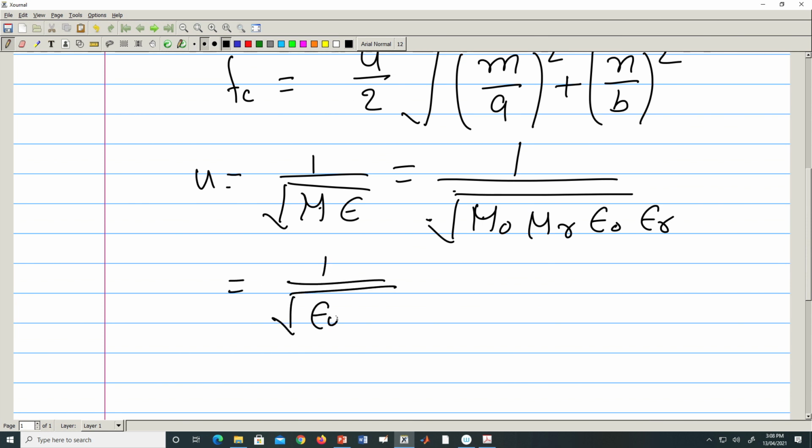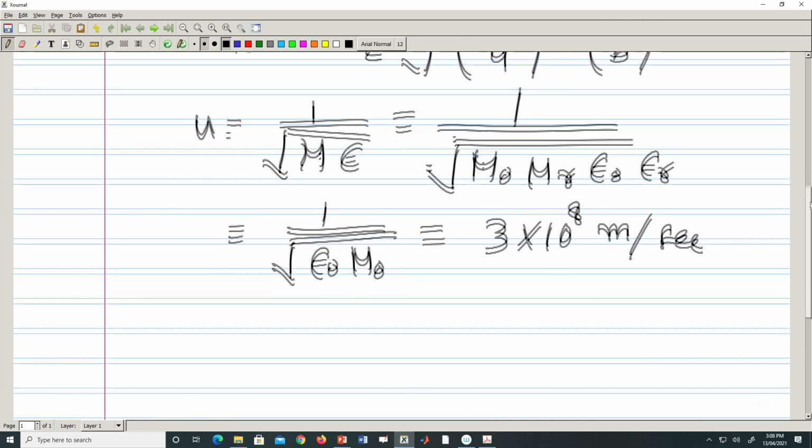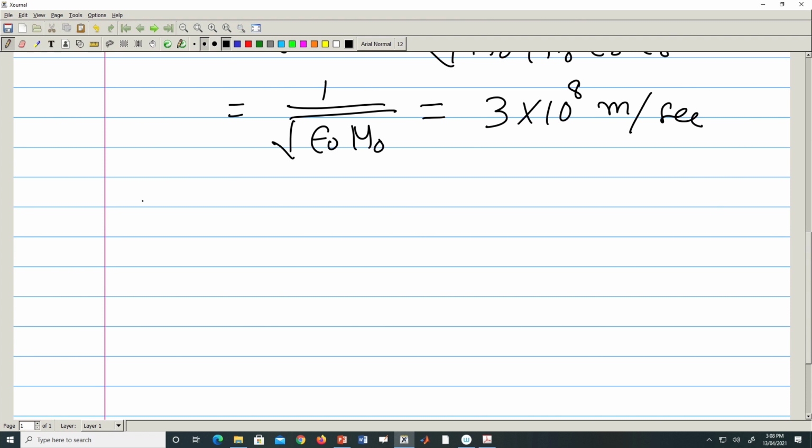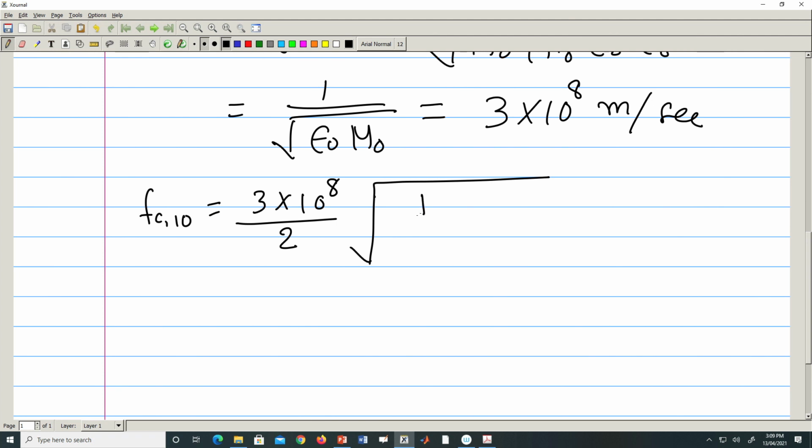The cutoff frequency f c, we know m, n, a, b and u. From this we can calculate the cutoff frequency for the TE10 mode. So f c for the 10 mode will be 3 into 10 to the power 8 by 2, times the square root of 1 by 2.5 into 10 to the power minus 2 whole square plus 0 by 1 into 10 to the power minus 2 whole square.